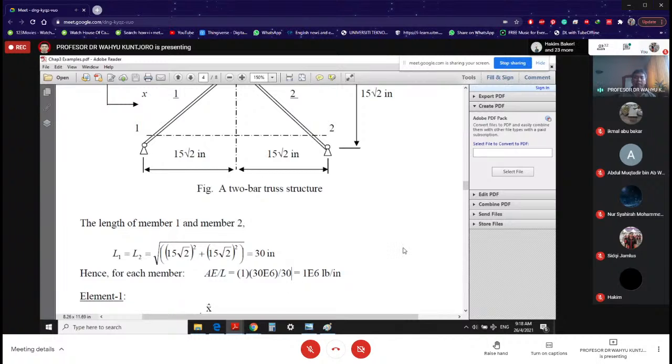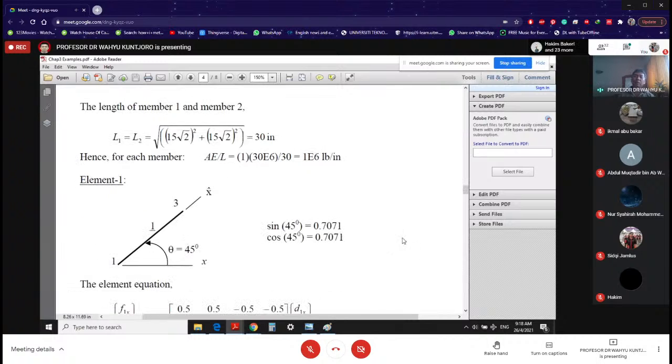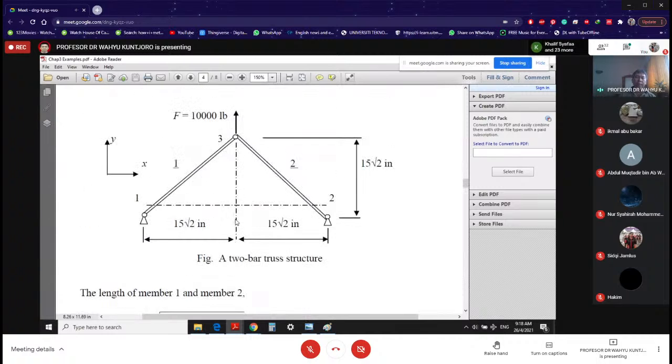Okay, so for element number 1, the first thing you need to establish is the theta, the orientation angle. That's element number 1, connecting node 1 and 3. Okay, so I can scroll up. That's element number 1, connecting 1 to 3. And as we discussed last week, I suggest that the equation is based on x local axis, which is positive from low node to high node.